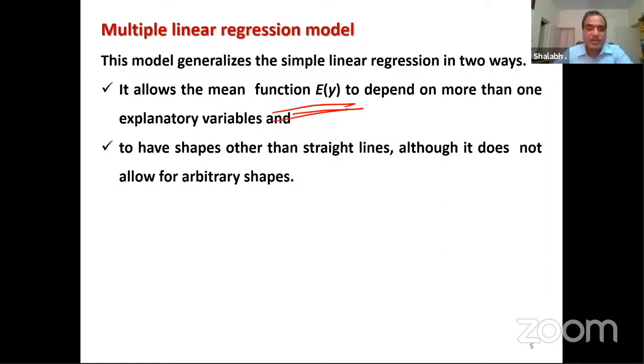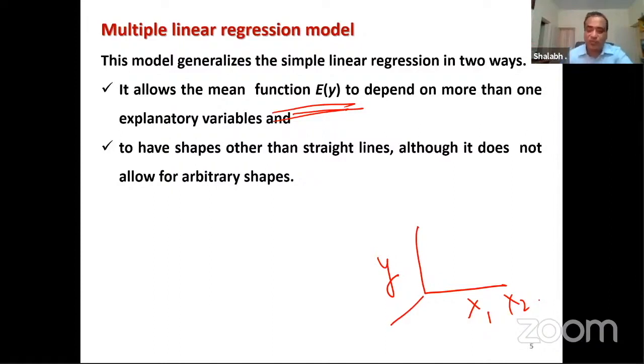The second thing is that when you considered the simple linear regression model, you had one relationship between x and y, but now you have x1, x2, x3. So possibly you can plot in 3-dimension, 4-dimension, 5-dimension, and different types of shapes will come into existence.